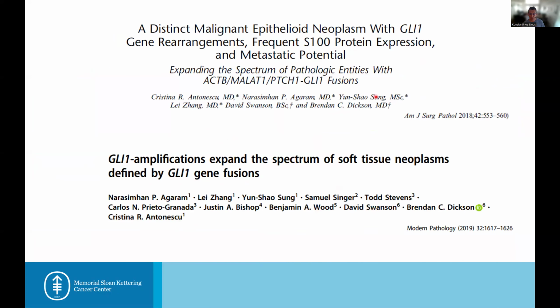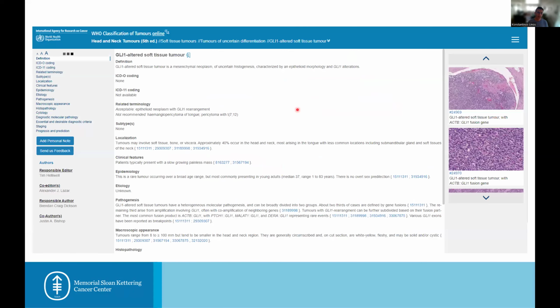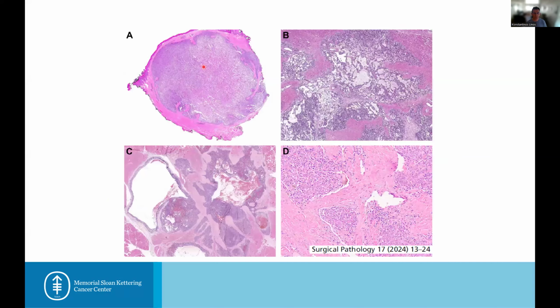And then colleagues from Memorial Sloan Kettering realized that there is a distinctiveness in a tumor which is very epithelioid and shows GLI1 rearrangements and GLI1 gene fusions. The data are so solid now that the GLI1 altered soft tissue tumor made it to the WHO book of head and neck tumors.